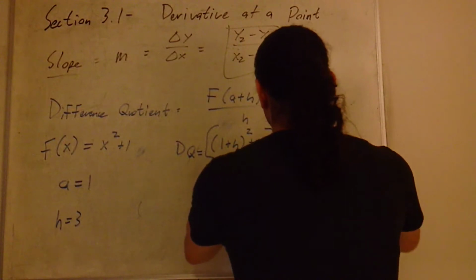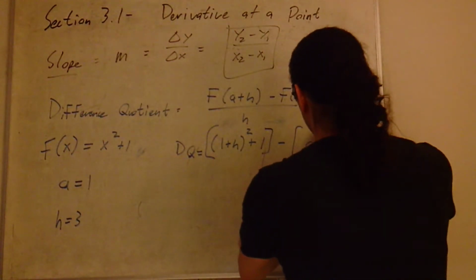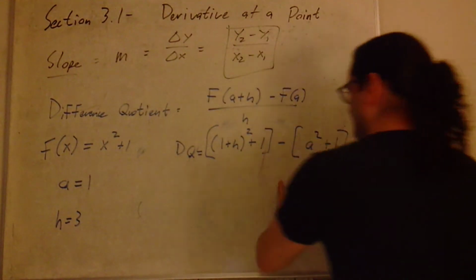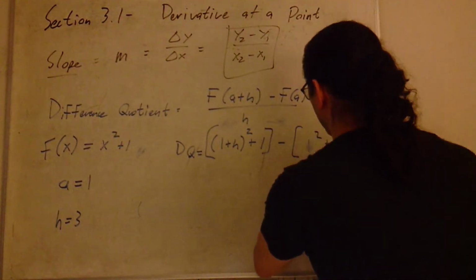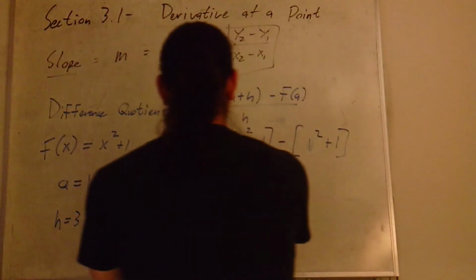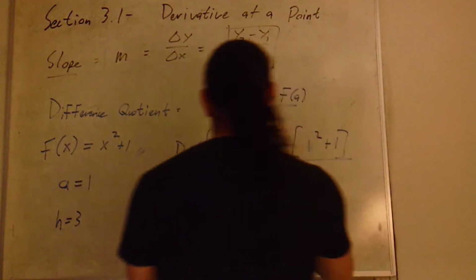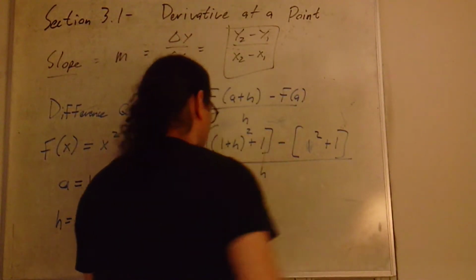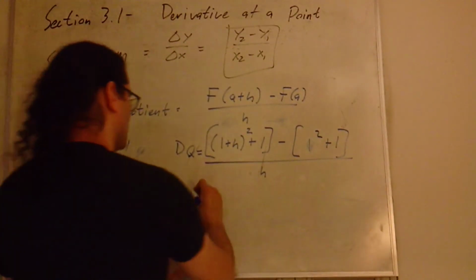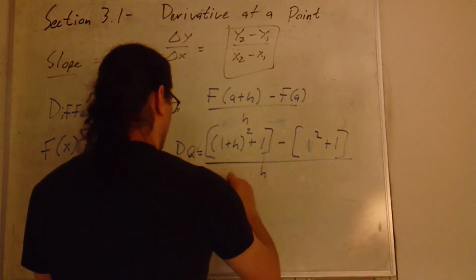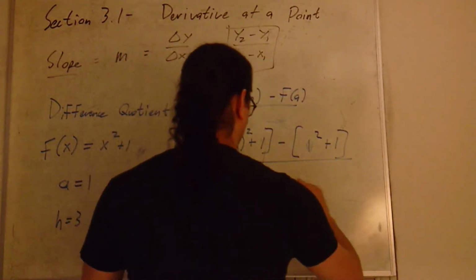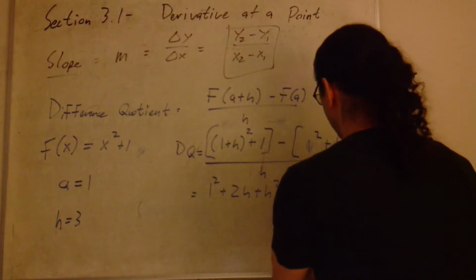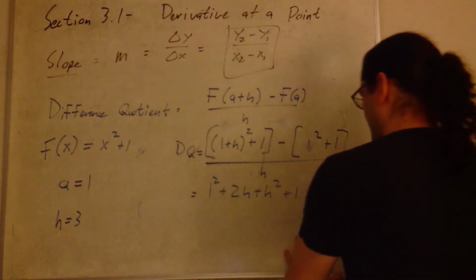Minus f of a is a squared plus 1. I'm sorry, a is 1. Let's do a equals 1, over h. So when I simplify this, I will get 1 squared plus 2h plus h squared plus 1 minus 1 squared minus 1.